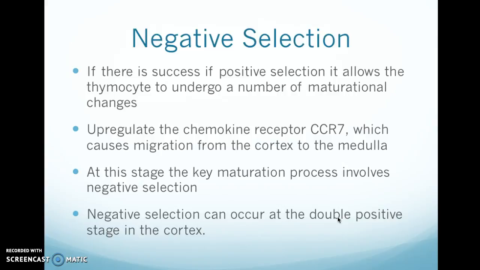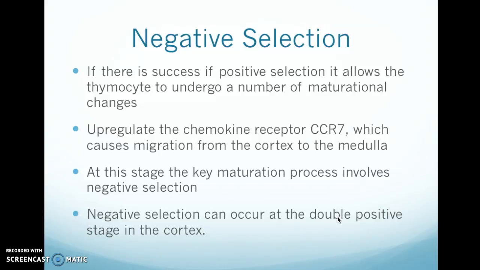In the thymus, thymocytes come into contact with thymic epithelial cells that express high levels of class 1 and class 2 MHC molecules on their surface. These self-MHC molecules present self-peptides, which are typically derived from intracellular or extracellular proteins that are degraded in the normal course of cellular metabolism.